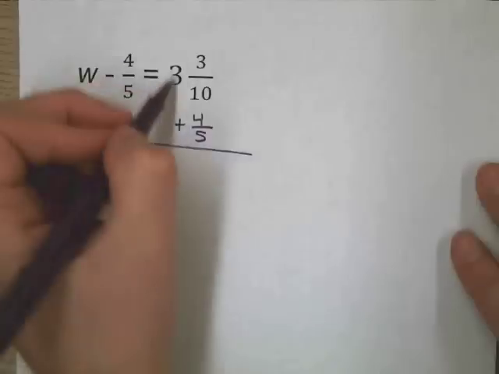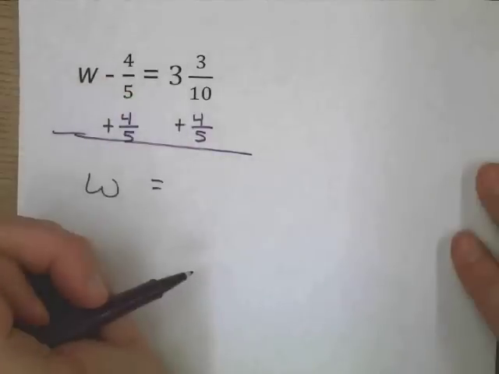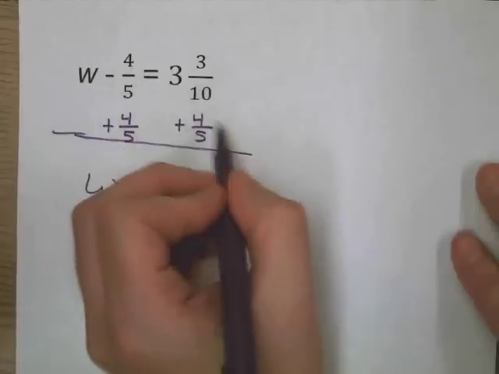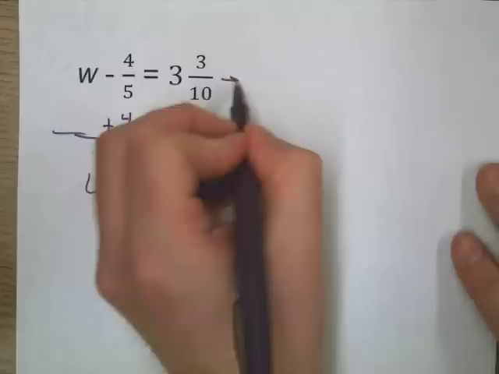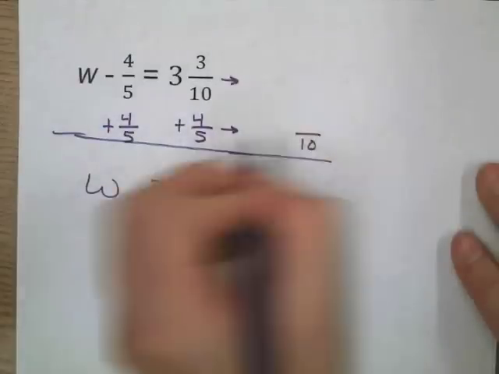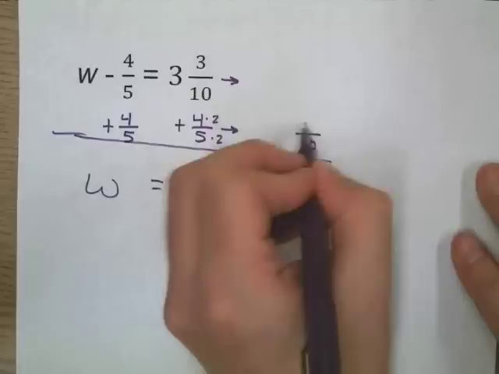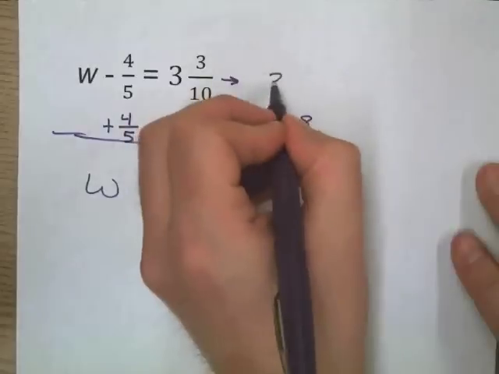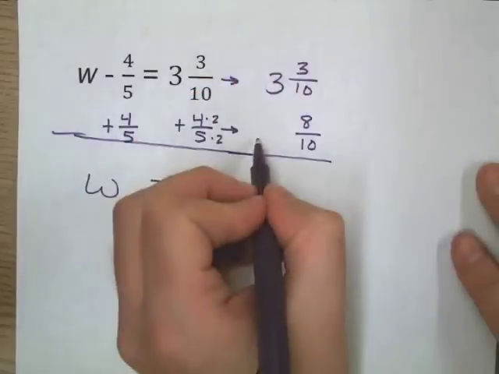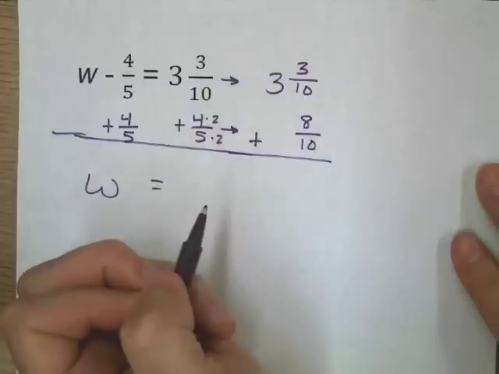Now I have 3 3/10 adding 4/5. Unlike denominators, so I'm going to use tenths. I'm going to change 4/5 into tenths, which would be 8/10. So I have 3 3/10 adding 8/10.